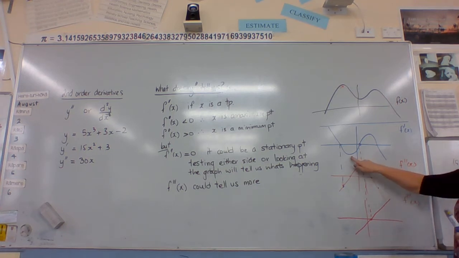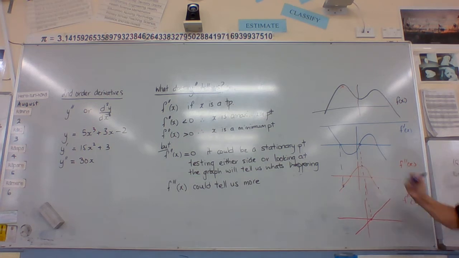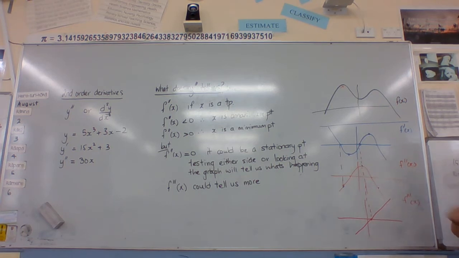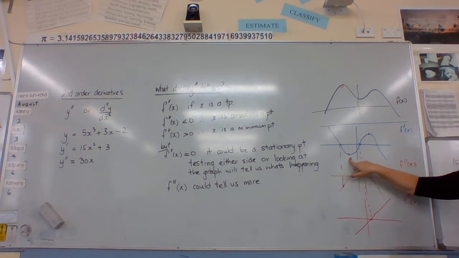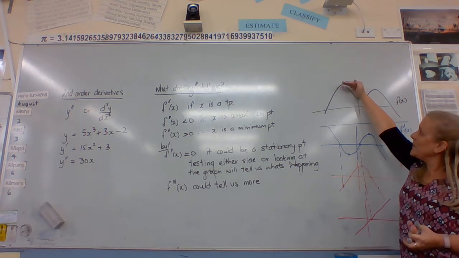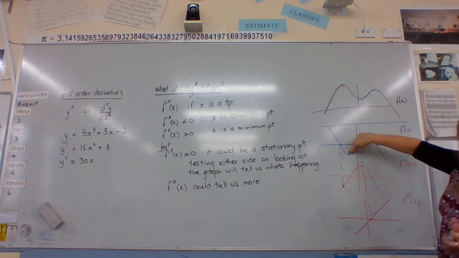We've also got something here and here. This tells a story too. It actually says that there is a change in the concavity of this graph at this point. So being a minimum here, this graph is going between concave down and concave up at this point.